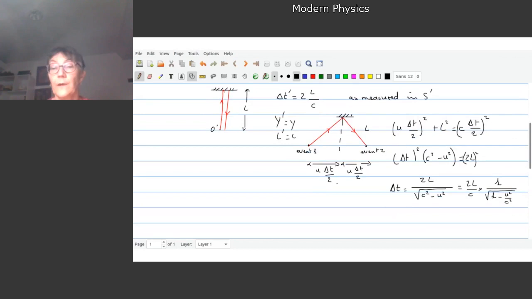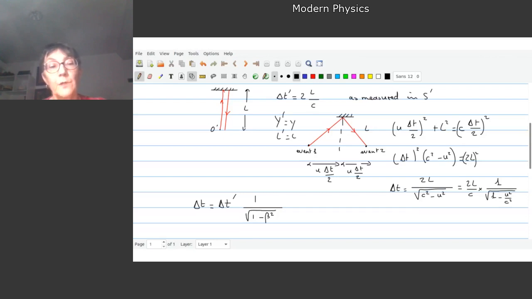So this is very interesting because I can write the time delta t equal delta t prime times 1 over the square root of 1 minus beta squared.